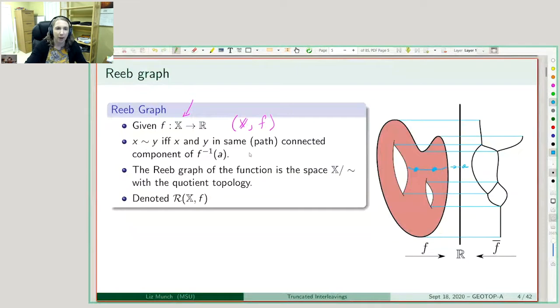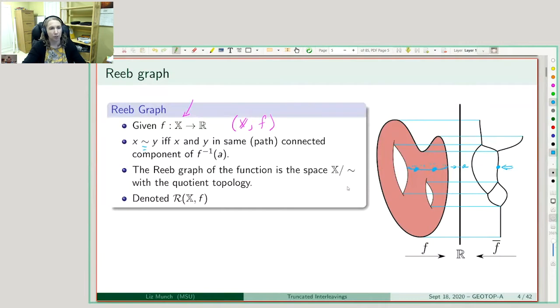Right, okay, so I've built this equivalence relation, and now I can look at the quotient space. The Reeb graph is the space X quotiented out by this equivalence relation with the quotient topology. All of the points in this particular level set, which looks like some sort of disky thing, end up being an equivalence class represented by this point over here.